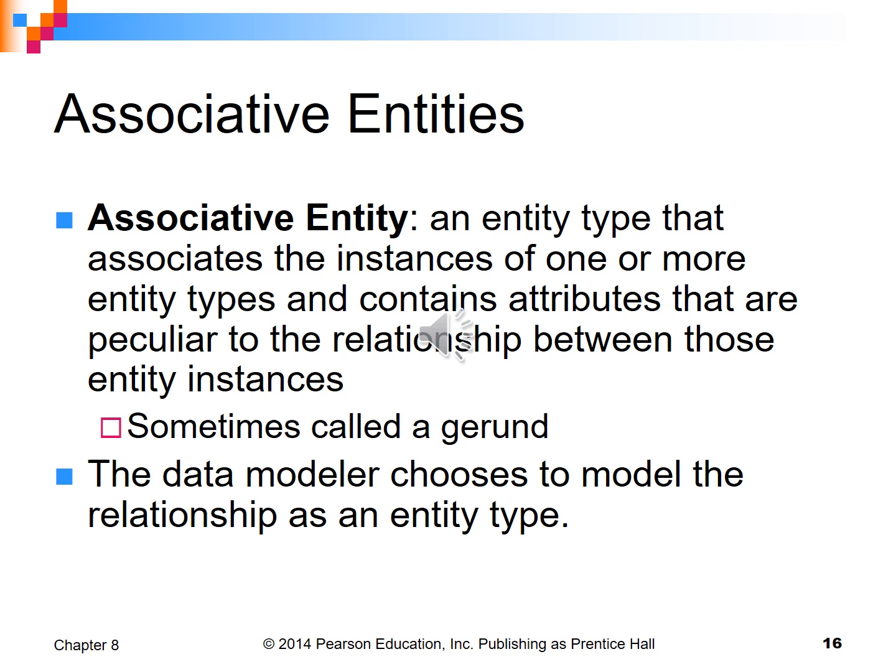A base relation representing this kind of entity is called informally an associative table. It is an entity type that associates the instances of one or more entity types and contains attributes that are particular or peculiar to that relationship between those entity instances.